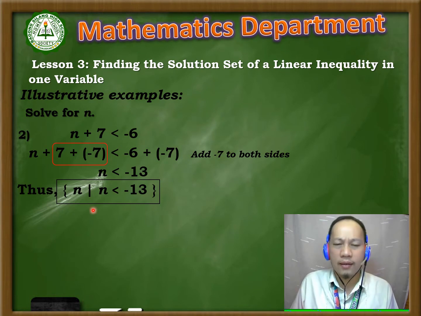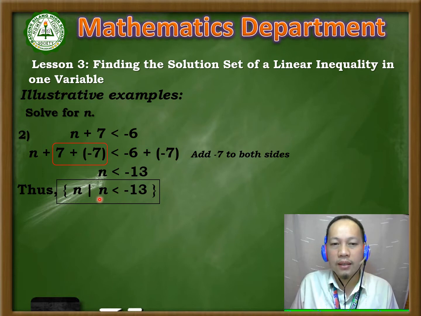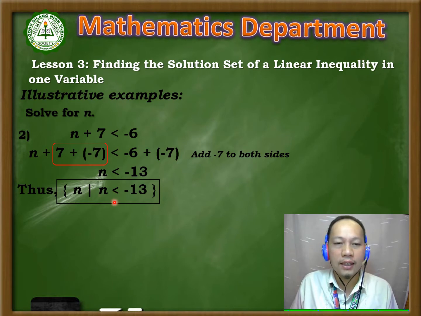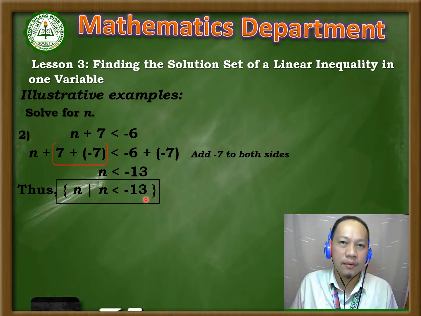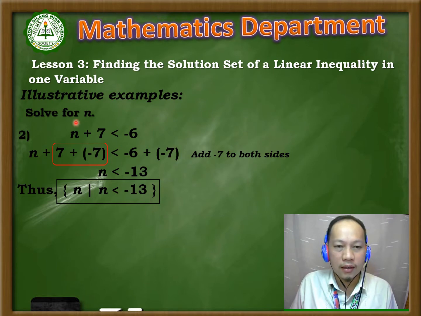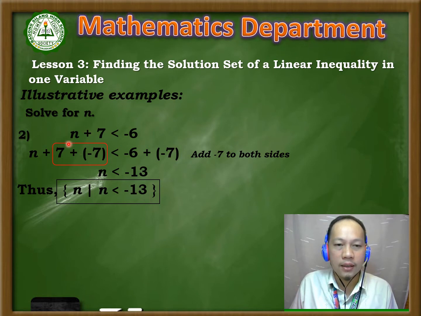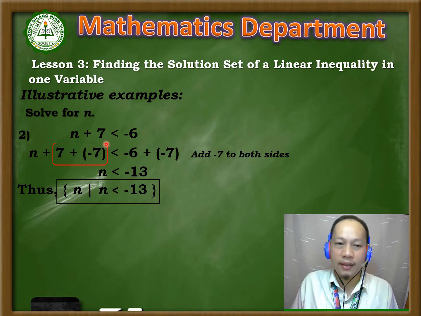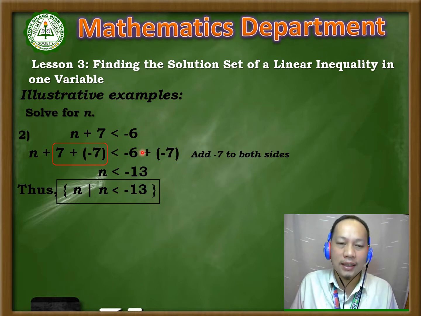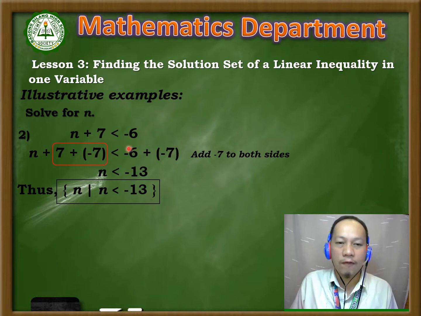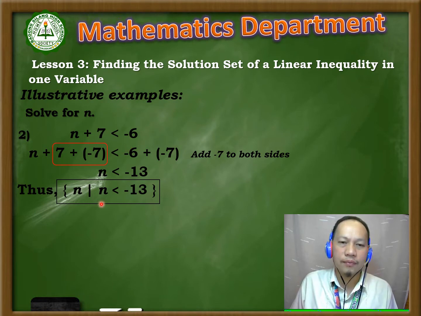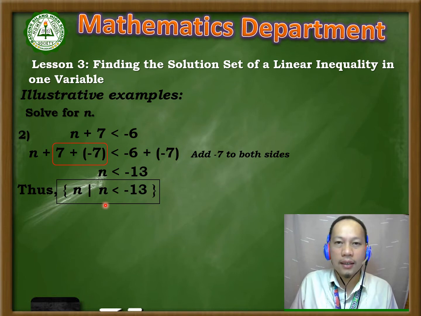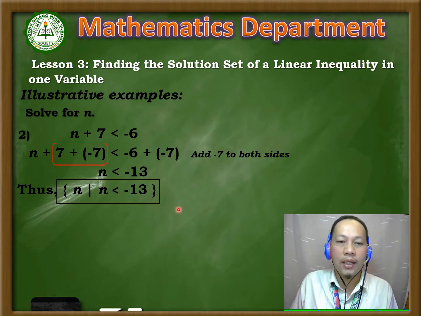But let's check, like negative 15. Negative 15 is lesser than negative 13. Okay, let's check. If n is negative 15, this must be negative 15 plus 7. And what is negative 15 plus 7? Correct, that's negative 8. So negative 8 is lesser than negative 6. Therefore, it's satisfied. How about those not solutions of this inequality?